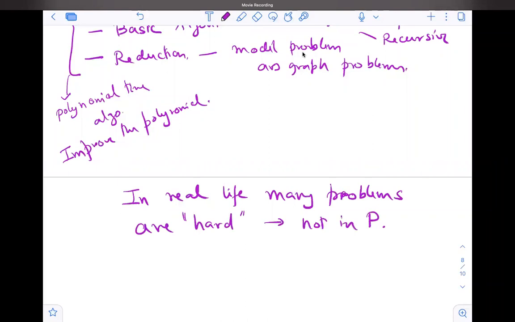At least we don't know how to solve them in polynomial time, let's put it this way. In fact, many of them are in NP. If a problem is in NP but not known to be in polynomial time, we don't know how to solve that problem, right?